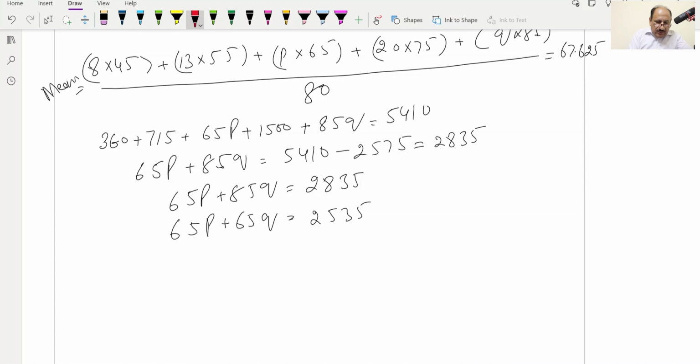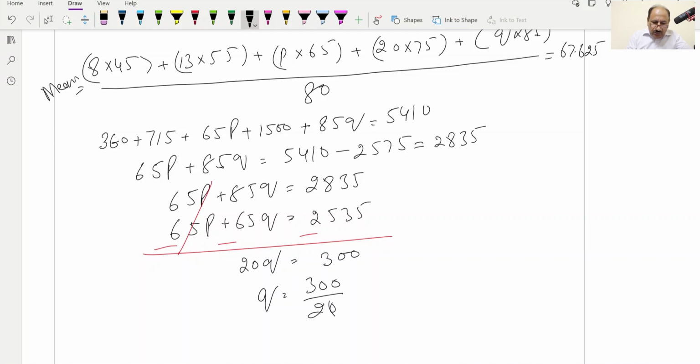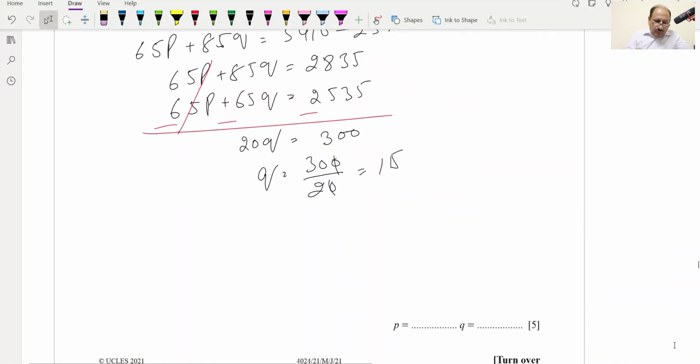Now we can subtract, changing the sign of everything. This will be cancelled, and 85 minus 65 will be 20q is equal to, this will be 300. So q will be equal to 300 divided by 20, and this will be equal to 15. So we got the q value, q is equal to 15.